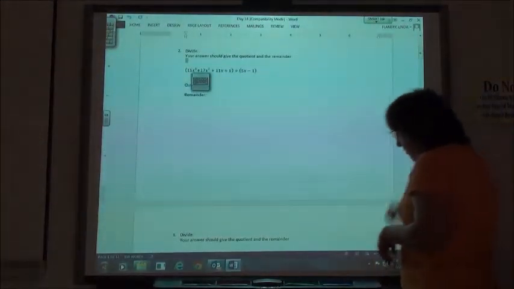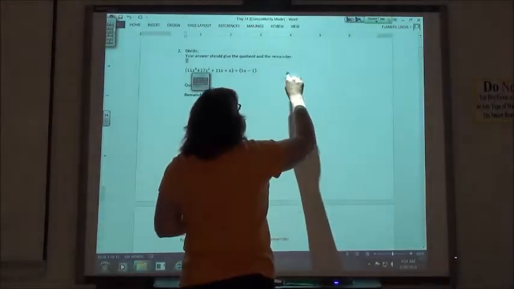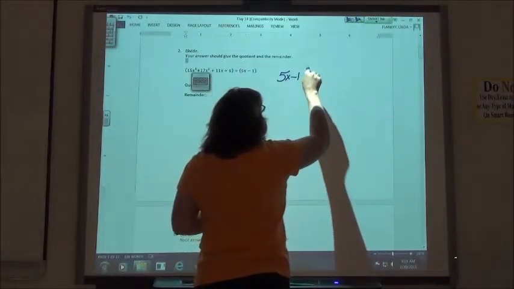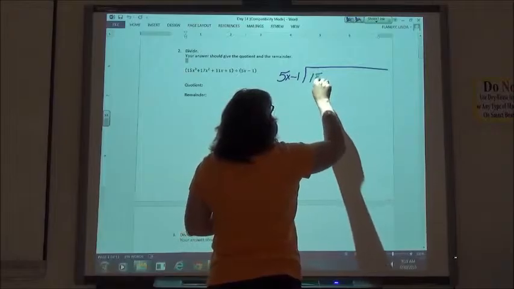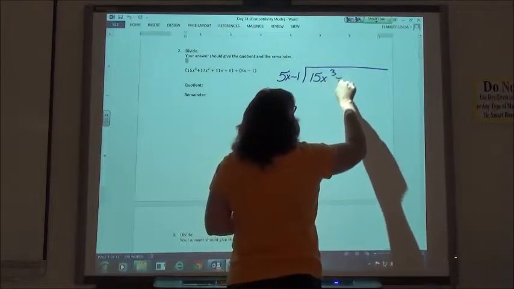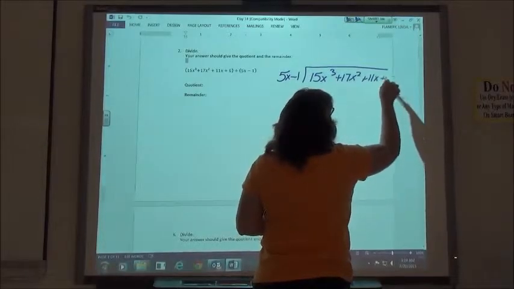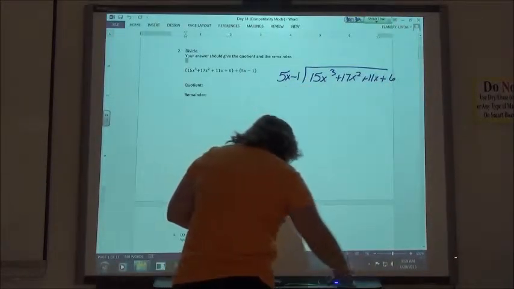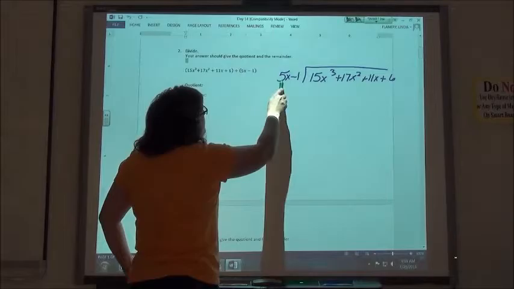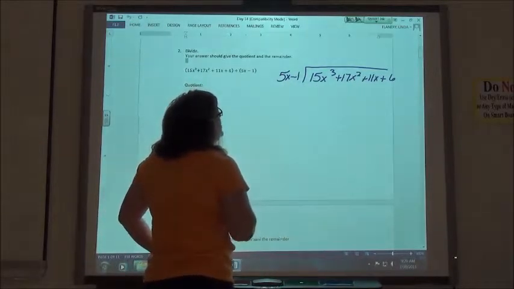So the second one, if I'm going to do my long division there, I'm taking 5x minus 1, I'm dividing it into 15x to the third plus 17x squared plus 11x plus 6. So what times 5x gives me 15x cubed?